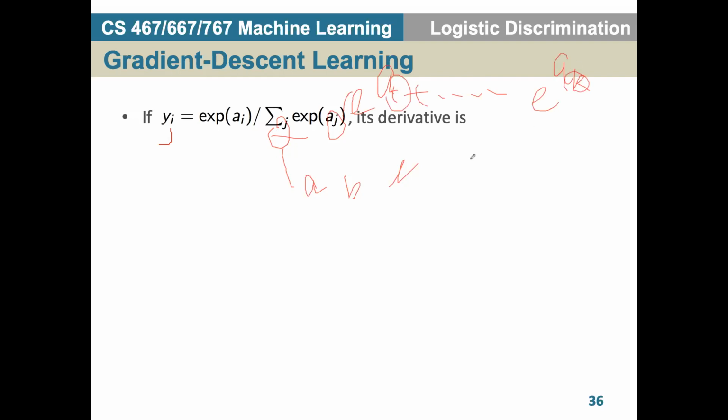My question is, if you write y_j in place of y_i, only the numerator changes, and this remains as it is. You mean change this to j, if you replace i by j? Yeah, exactly, because you can replace this j with anything. We need a notation to iterate through them. You can use L or something. So this is for any i. You can call it j also. That's okay.